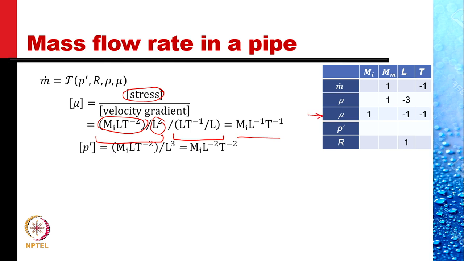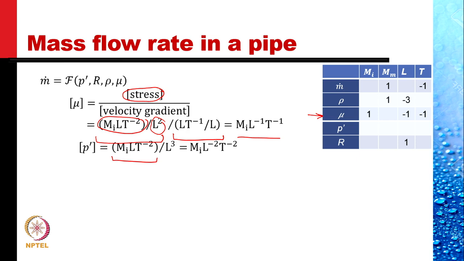Next we look at the dimension of pressure gradient. And this would be pressure divided by length. And the pressure is force divided by area. So the dimension of P prime would be dimension of force divided by L cubed. And then force again is with mass in the inertial role.